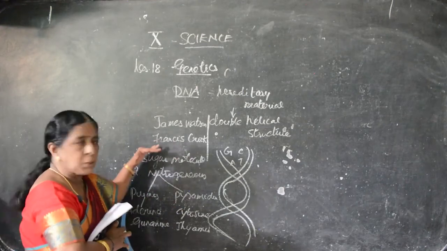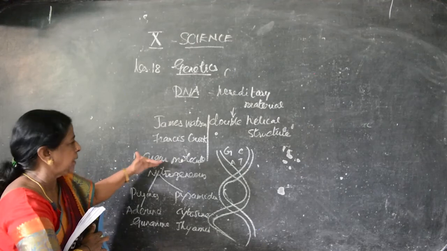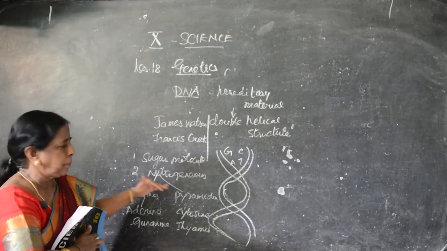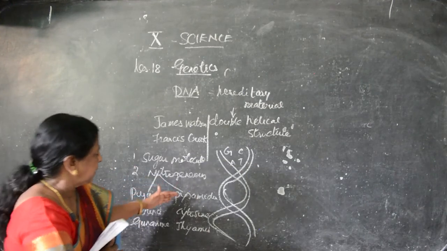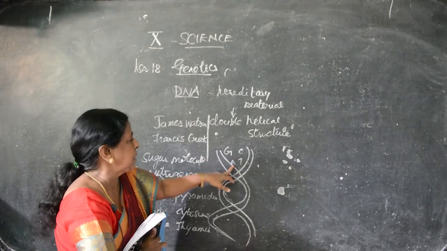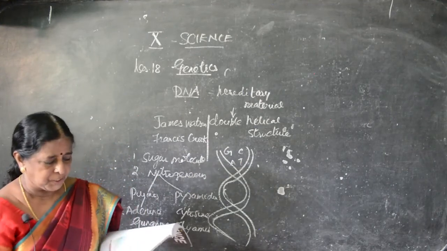So, I said sugar molecule, phosphate, nitrogenous base, guanine and cytosine. That is together known as what? Purines and pyrimidines. The purines are adenine and guanine, and the pyrimidines are cytosine and thymine. G for guanine, C for cytosine, adenine and thymine. So, you would have got a clear structure of DNA. Let us continue in the next class.